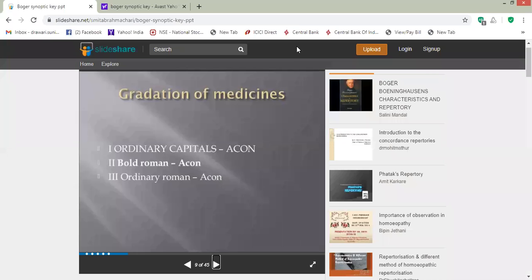So in this repertory, we find three grades: ordinary capital, bold Roman, and ordinary Roman. So two types of typography are used to write down the rubrics, and three types of typography or grades are given to the medicines.